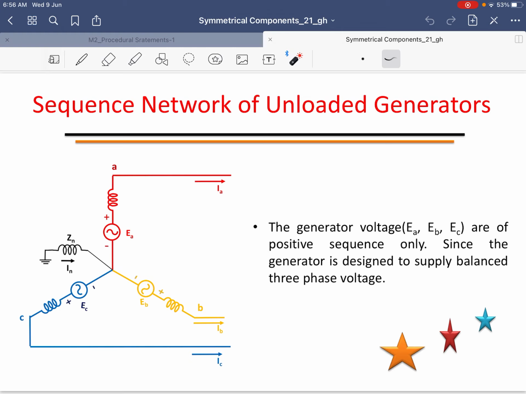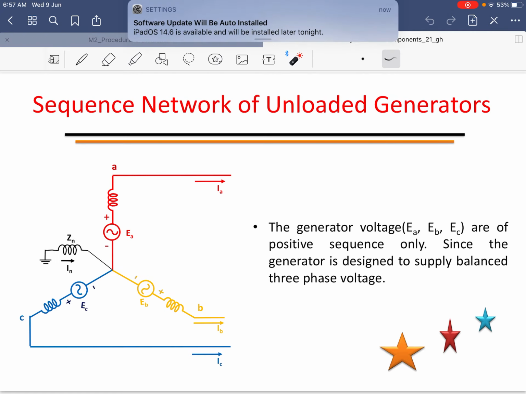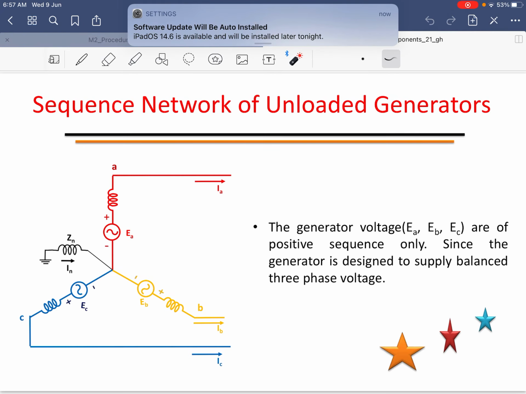Then the source of voltage is represented in the positive sequence only, whereas in the negative sequence and zero sequence you should not show any source of voltage, since the generator generates balanced voltage. However, IA, IB, IC are unbalanced because of the unsymmetrical fault occurring at the terminals of the generator.